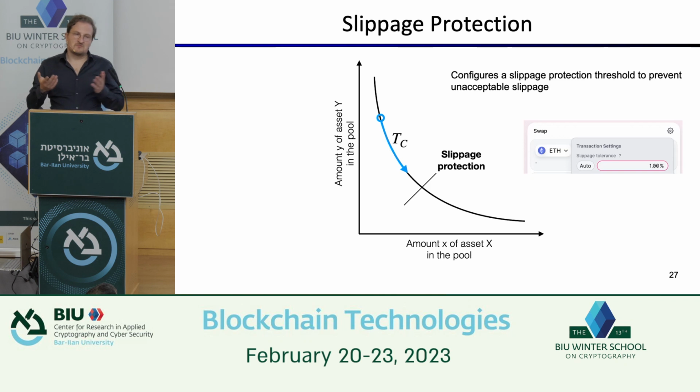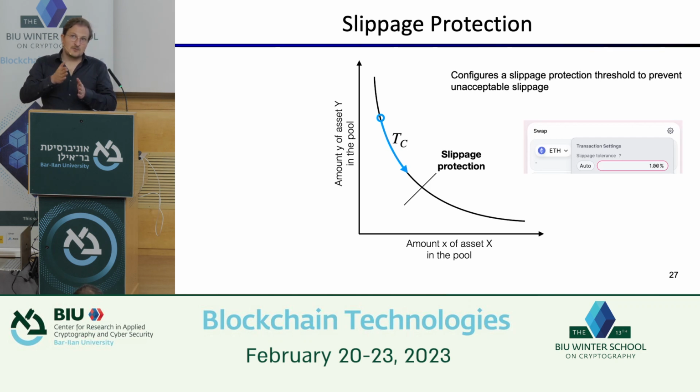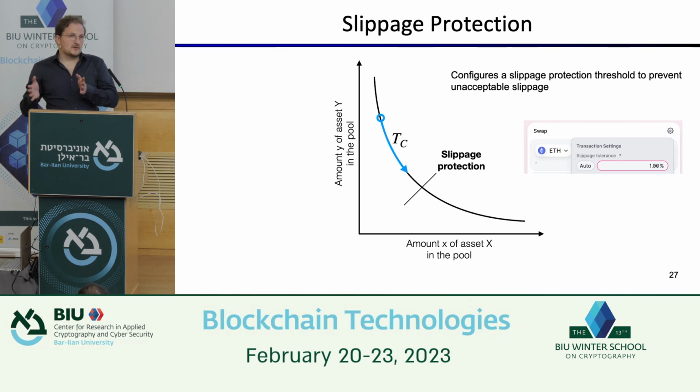Yeah, but you can really implement it however you want, right? Because if your slippage protection is not based on the expected slippage, then some slippage protection settings will not make sense, right?